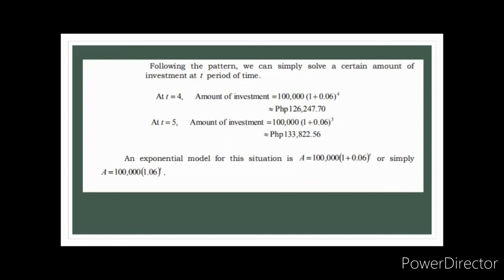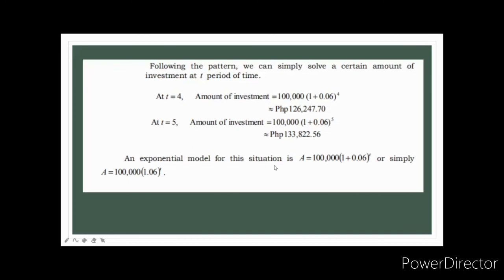At t equals 5, the amount of investment is equivalent to 100,000 multiplied by the quantity 1 plus 0.06 raised to 5. That is equal to 133,822.56.